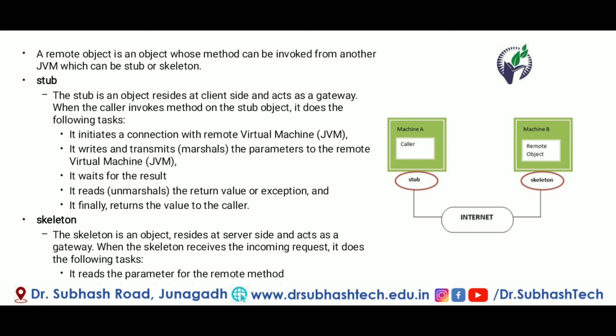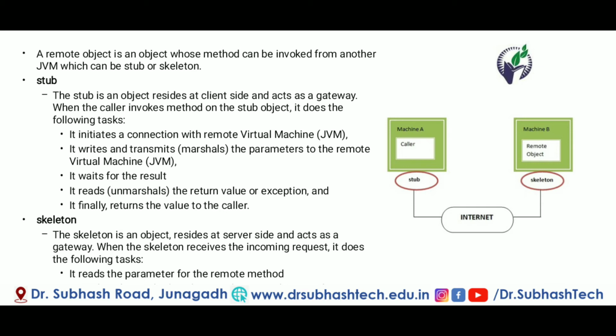When the caller invokes a method on the stub object, it performs the following tasks: it initiates the connection with the JVM, then it writes and transmits the parameters to the remote virtual machine, it waits for the result, it reads the return value or exception, and finally returns the value to the caller.